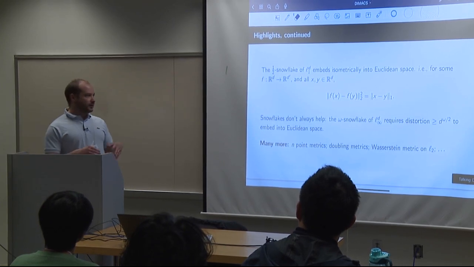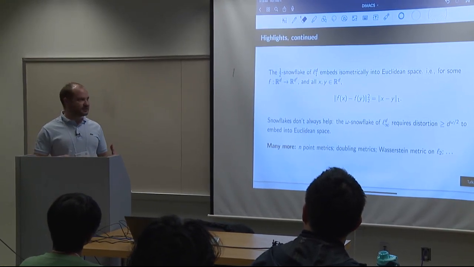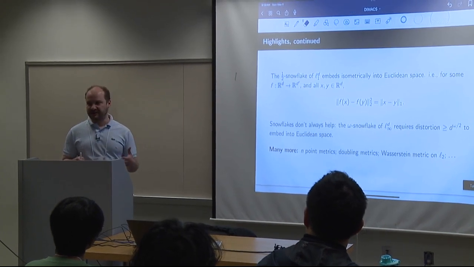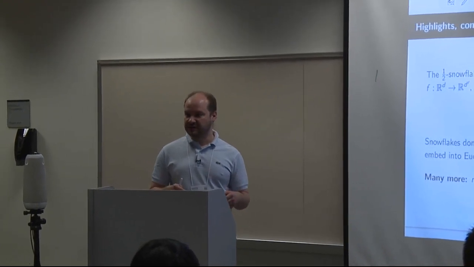John's theorem provides one such tool, but then I'm stuck with this polynomial in the dimension distortion. So I get pretty bad approximation factors in high dimensions, and that's I guess the topic of the workshop. We want tools that work in high dimensions.